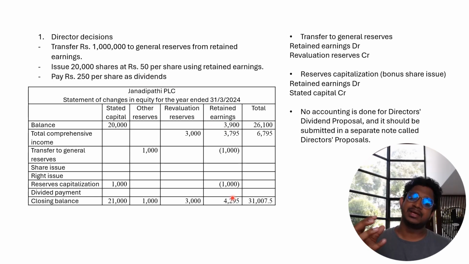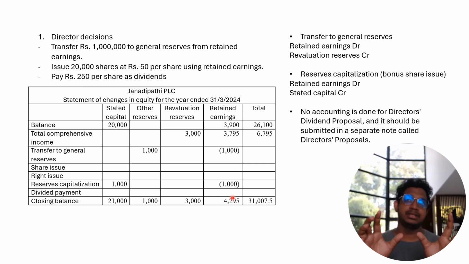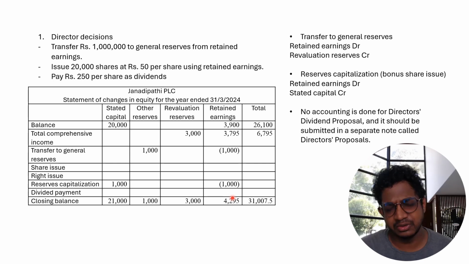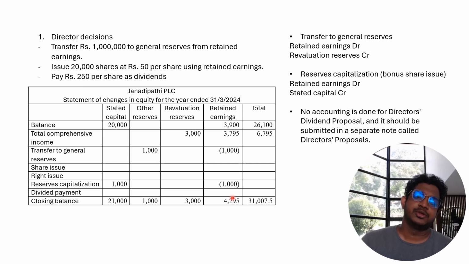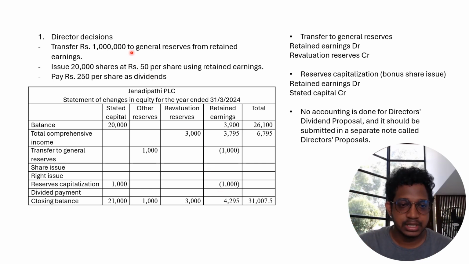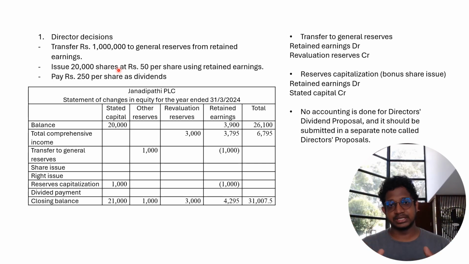Here we are issuing shares to our existing shareholders by using reserves, free. So they are getting shares without paying any amount to the business. That's what we call a bonus share issue. When the bonus share issue happens, retained earnings goes down and stated capital increases.